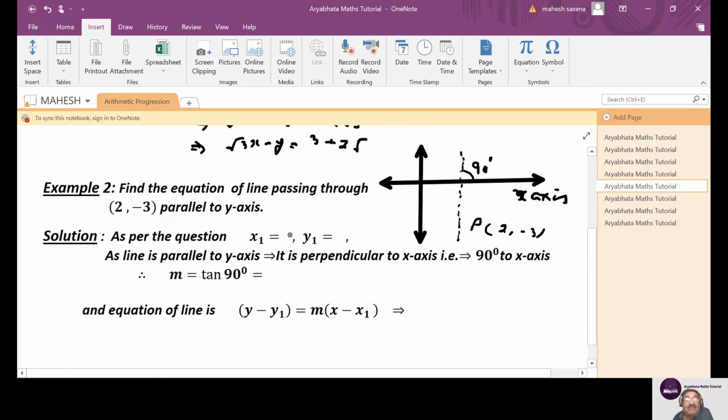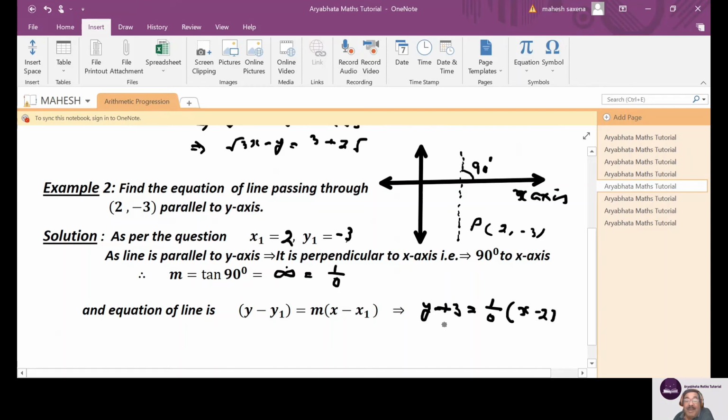Therefore, in this case, x1 is equal to 2, y1 is equal to minus 3, and slope of the line is m is equal to tan 90, and tan 90 is equal to infinity. We can take it as 1 upon 0. In this case, the equation is y minus y1, that is y plus 3, is equal to 1 upon 0 into x minus 2.